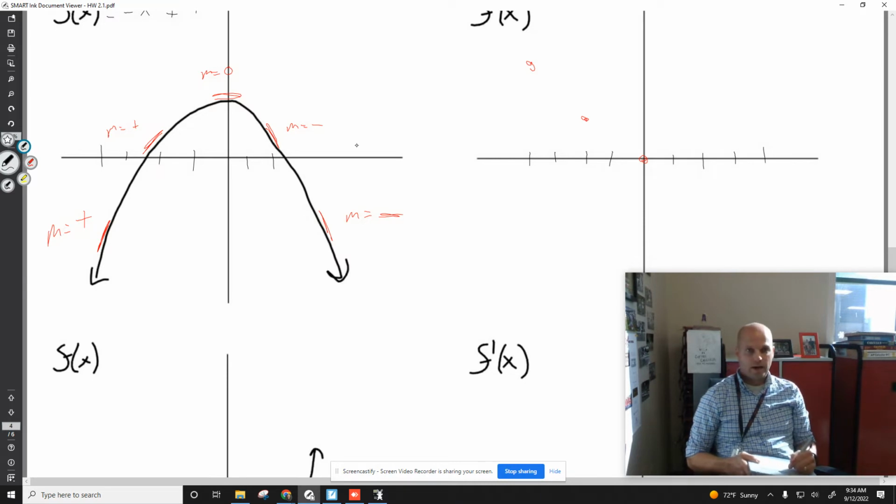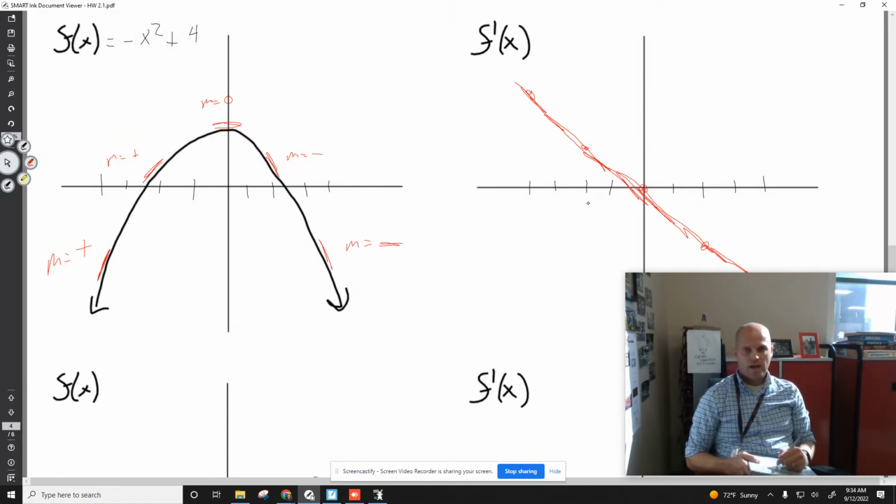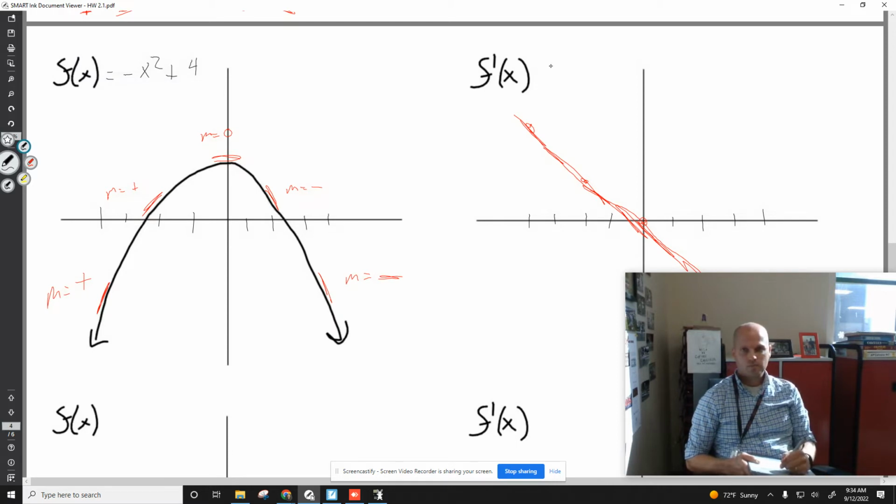Negative, more negative. We realize that there's some sort of line equation, and this line equation, whatever it may be, its y values will tell us the exact slope values. The exact slope values are how quickly the function is changing at a point.